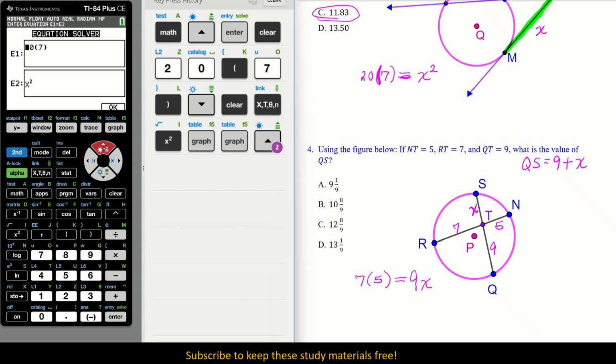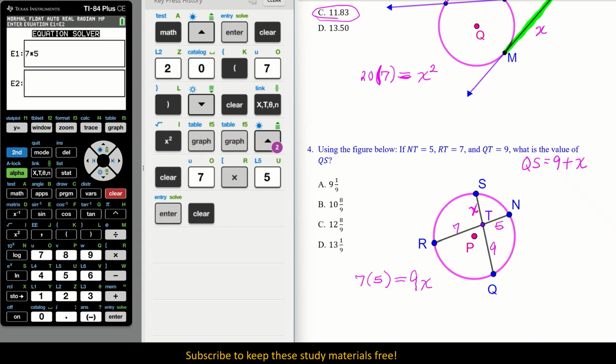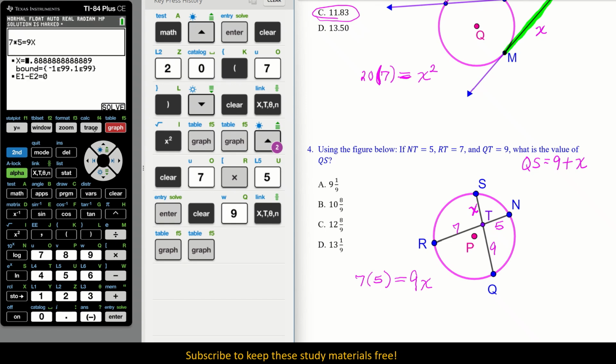Okay, so just arrow up your solver, and I'm going to clear that out. Let's try 7 times 5 this time and enter, and clear that out. And we want 9x. Okay, enter again.